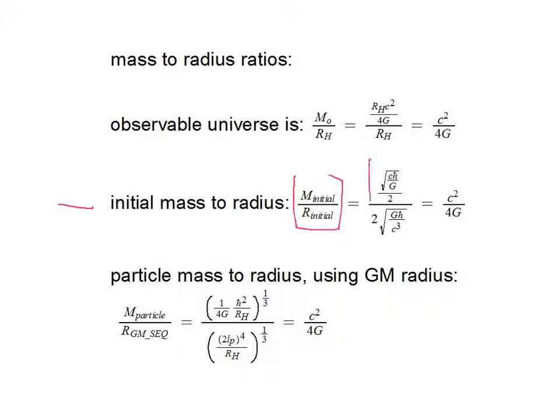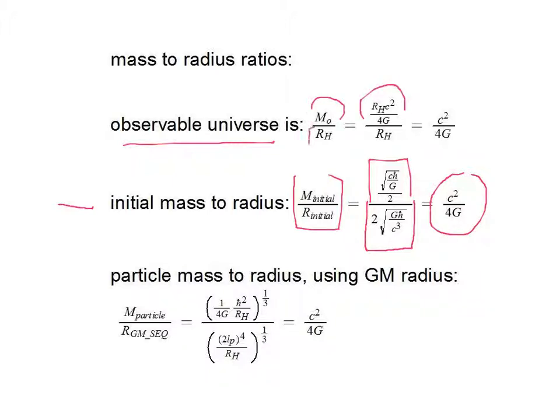The initial mass is a Planck mass divided by 2, and we divide that by the initial radius, 2 Planck lengths, and we get c squared divided by 4G. For the observable universe, the mass of the observable universe divided by the radius of the hyperverse, the ratio is also c squared divided by 4G.